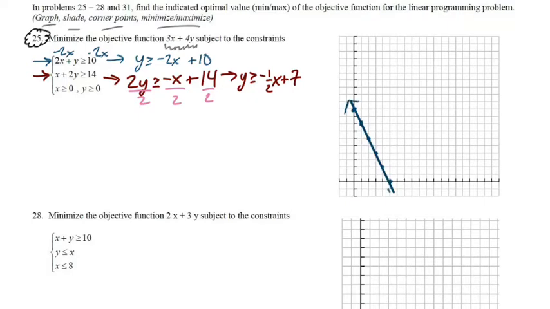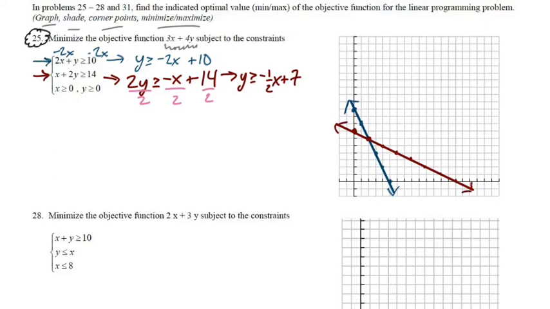And for the red line here, we got a y-intercept of 7. So let's put a dot at 7 on the y-axis and go down 1 over 2. Perfect, they intersect right there. And let's go ahead and make our line. Let's mark this up.